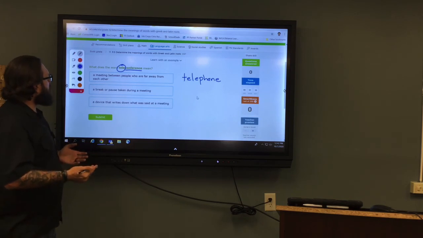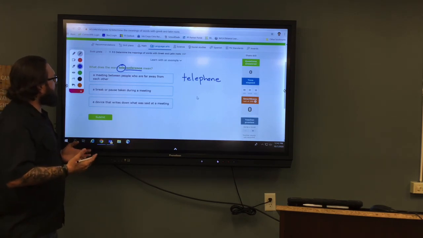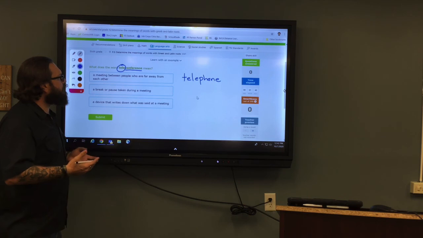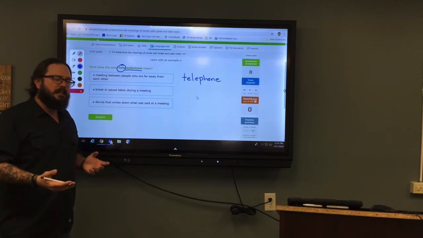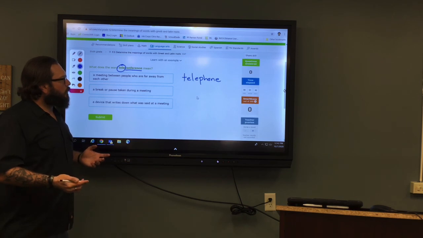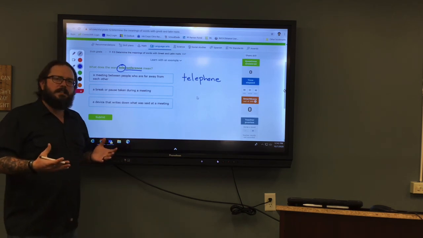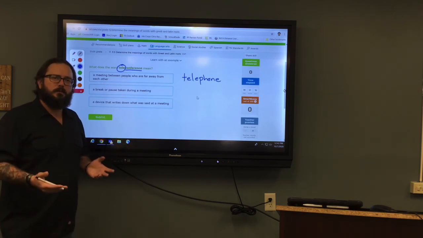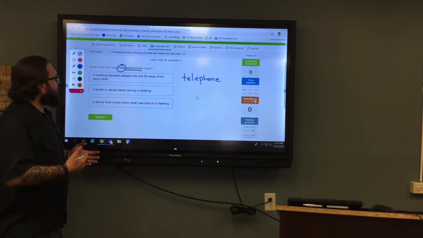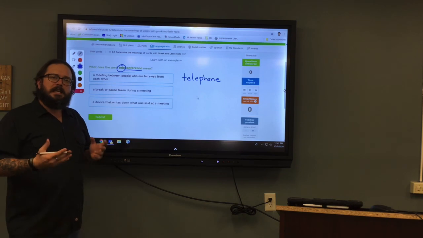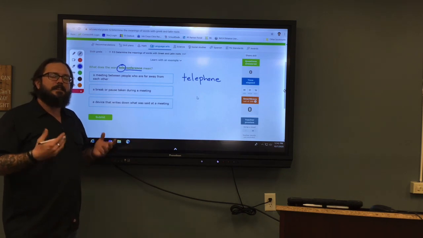Well, in our first option, a meeting between people who are far away from each other. All right, we know a conference is a meeting, and we understand what tele means based off of the root telephone. So a conference between people who are far away from each other could take place over a telephone.